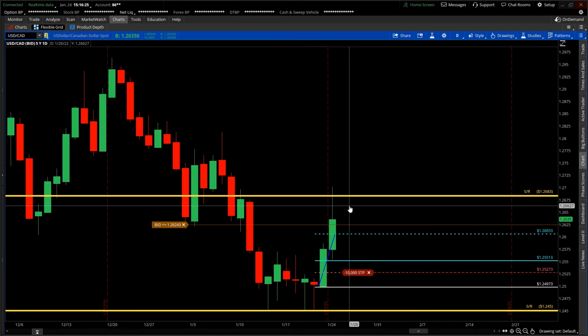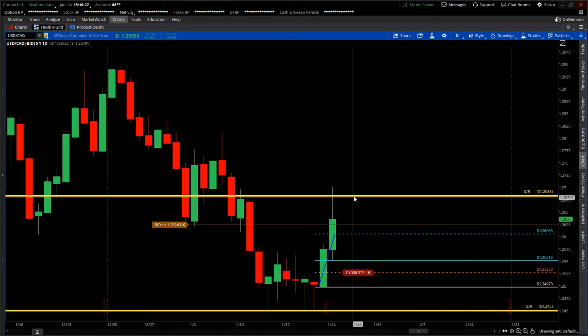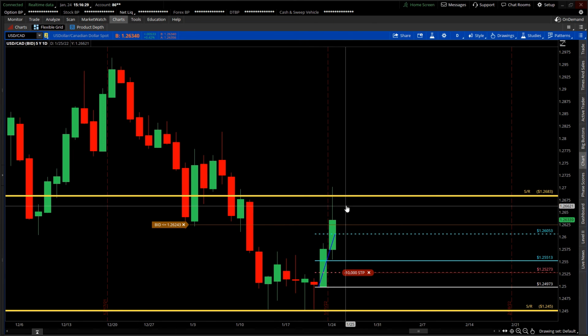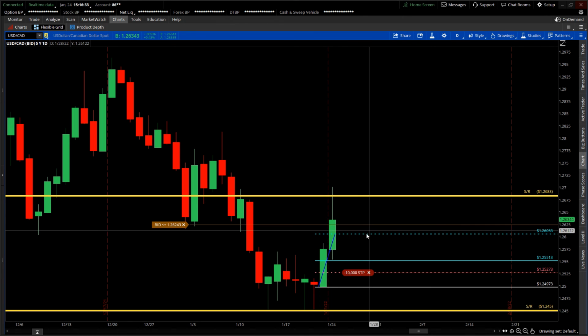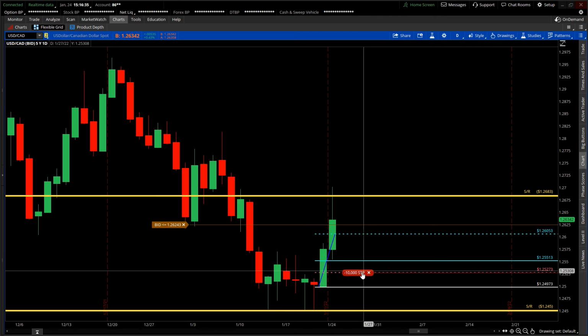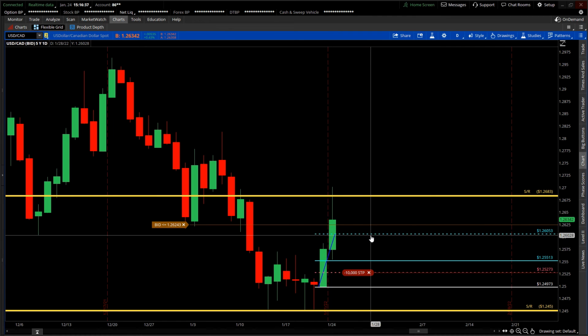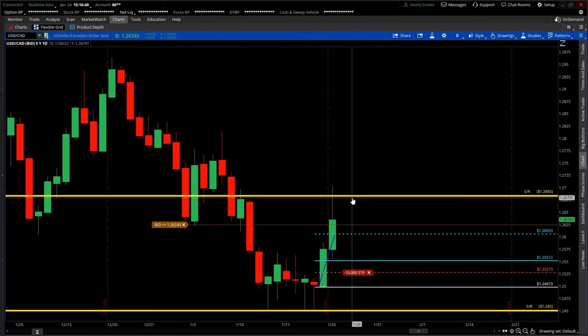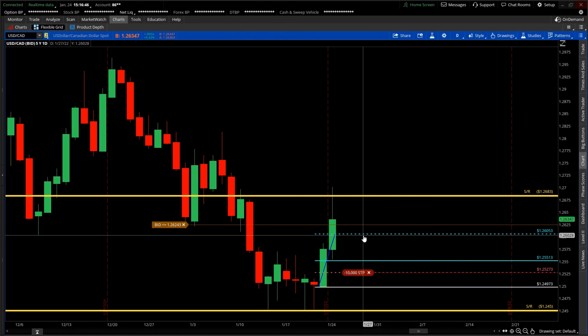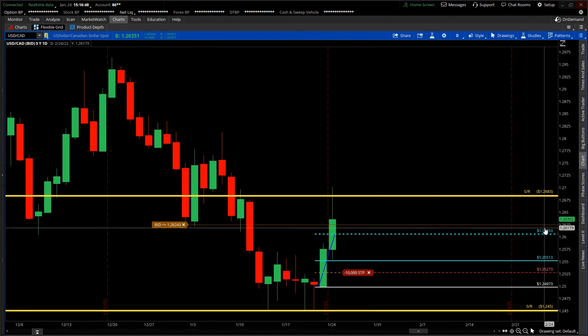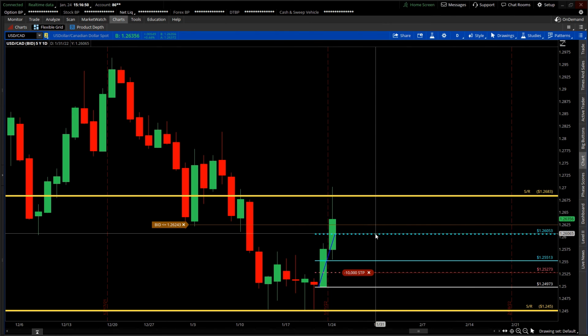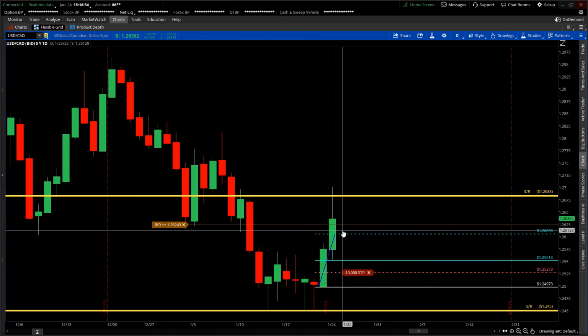So I just want to see how price retests this resistance level. If price isn't able to get above it, I'll most likely move my stop at that point here, because by then, during the overnight session, like early morning while I'm sleeping, if price does pull back, then at least I'll get out of it at this level for a nice win in this trade.